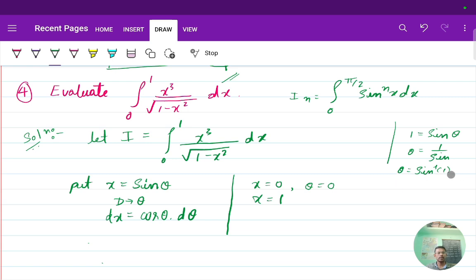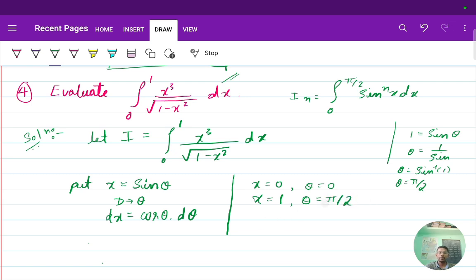What is the value of sine inverse of 1? It is pi by 2. So when x is equal to 1, theta becomes pi by 2.